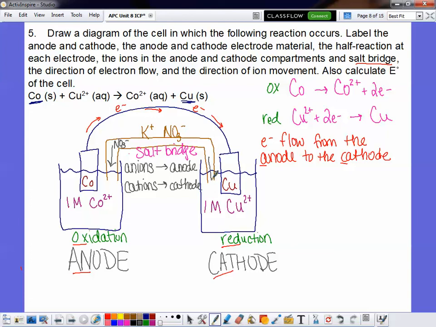And going into my solution of the cathode, I'm going to have K plus ions going into there to balance it out. Because otherwise we'd have a buildup of positive charge on my anode and negative on my cathode. So those ions are there to keep it balanced and keep it overall neutral.